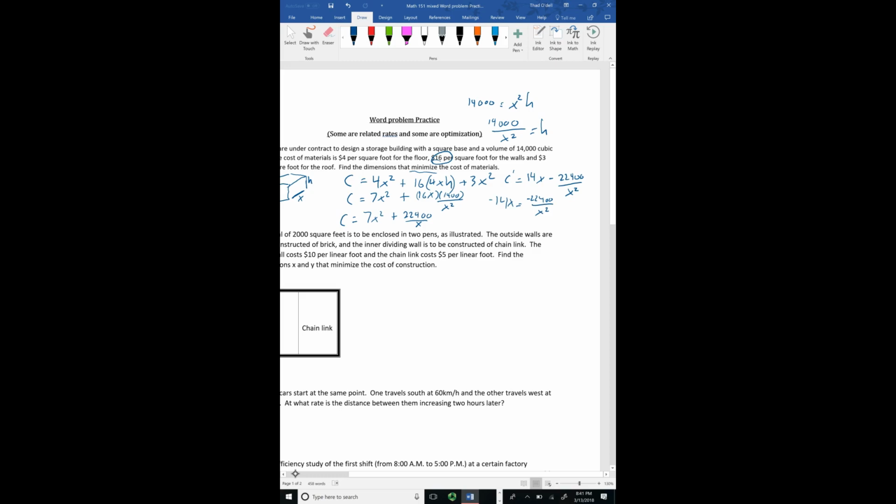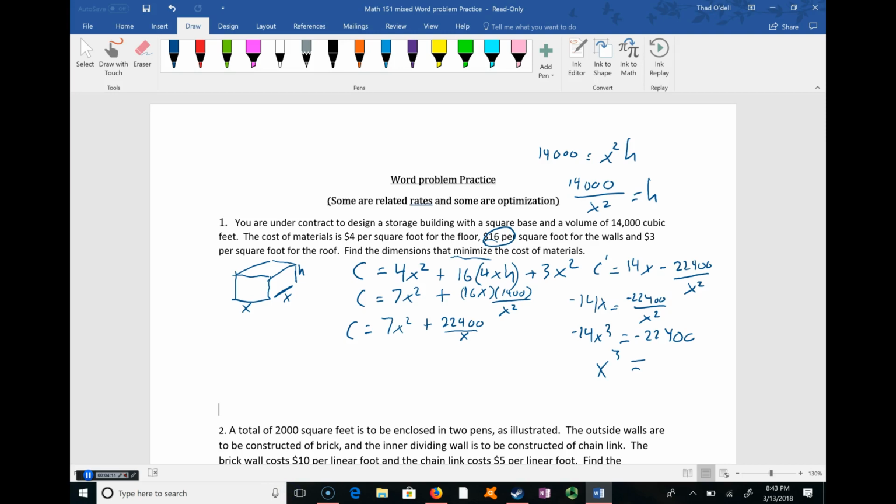If I multiply both sides by x squared, we get negative 14x cubed is equal to negative 22,400. Here we divide by negative 14 and we get x cubed is equal to 1600.